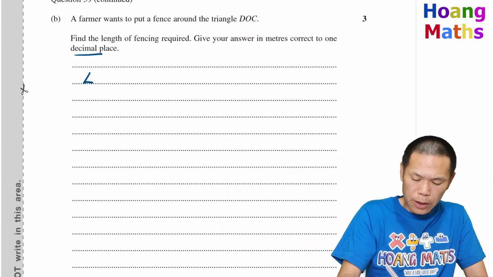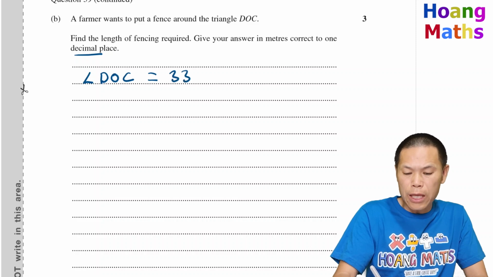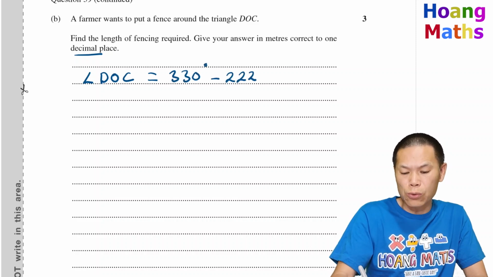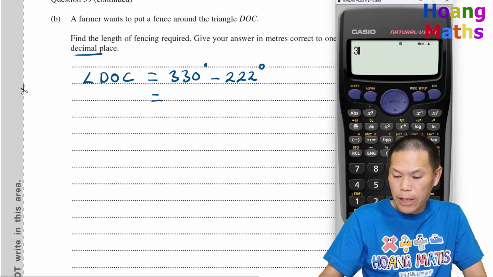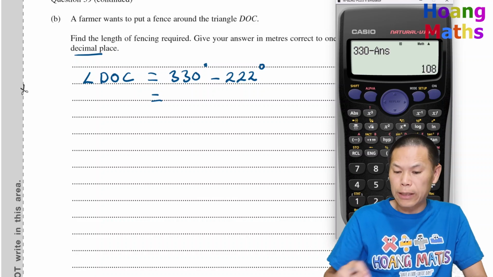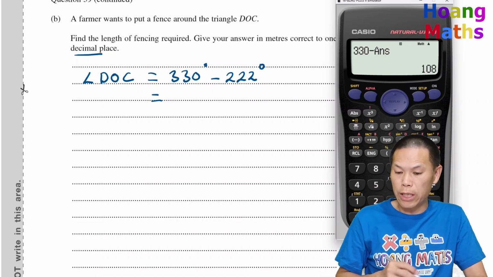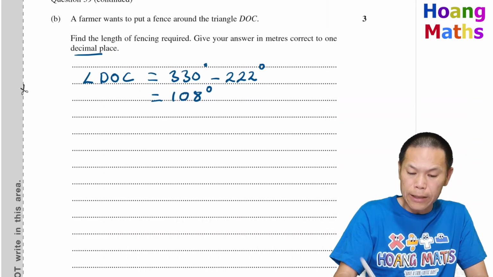Angle DOC is equal to 330 degrees minus 222 degrees. So that will give me 330 minus the answer, that was 222 earlier, so 108 degrees.